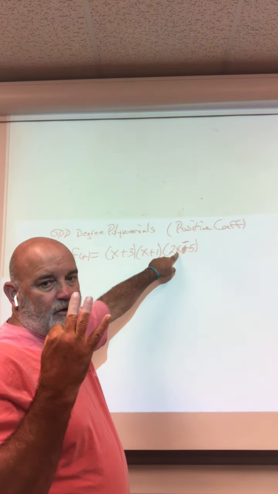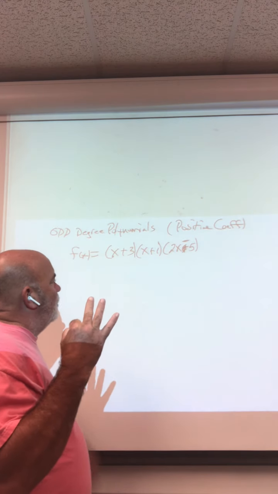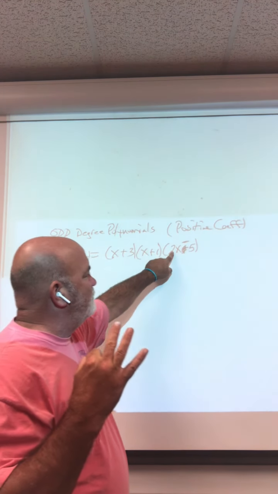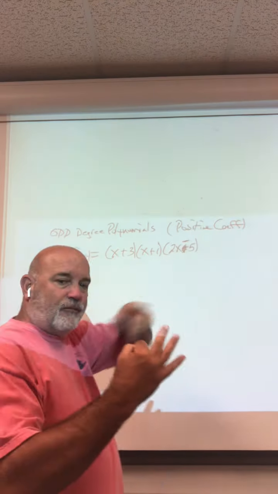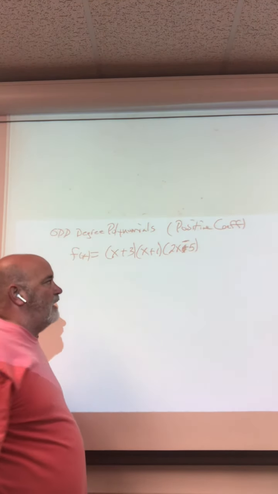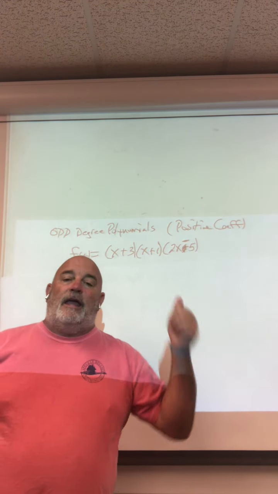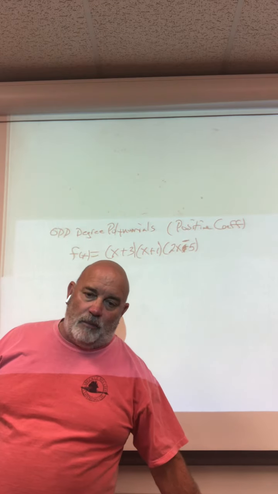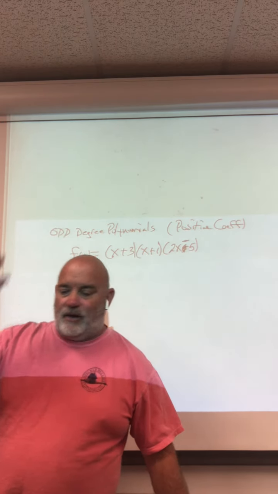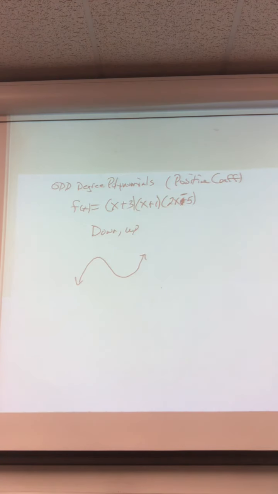So this is a third degree polynomial, and then 1 times 2 is positive. So the front number's positive. So it's an odd degree, positive number out front. So I said in this case, and this is where you have to remember it, the left arm goes down and the right arm goes up. So just to give you a picture of what this would look like, maybe something like that.